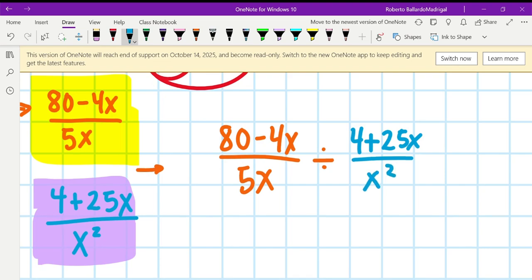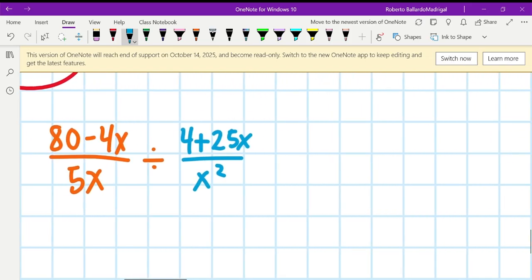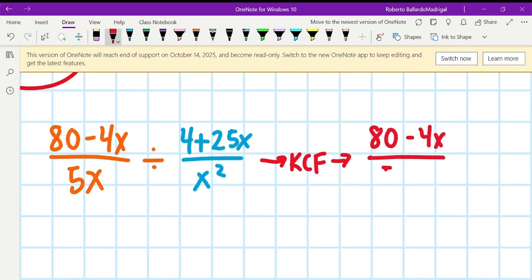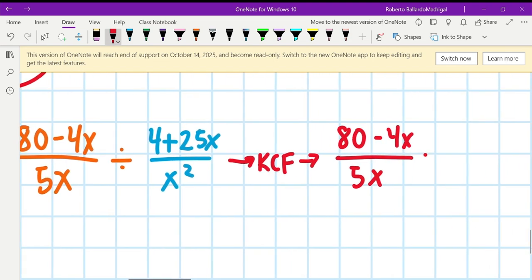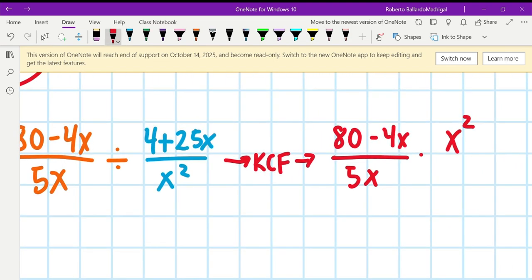So this is like the new problem basically. Let's keep, change, flip. 80 minus 4x over 5x times x squared over 4 plus 25x.